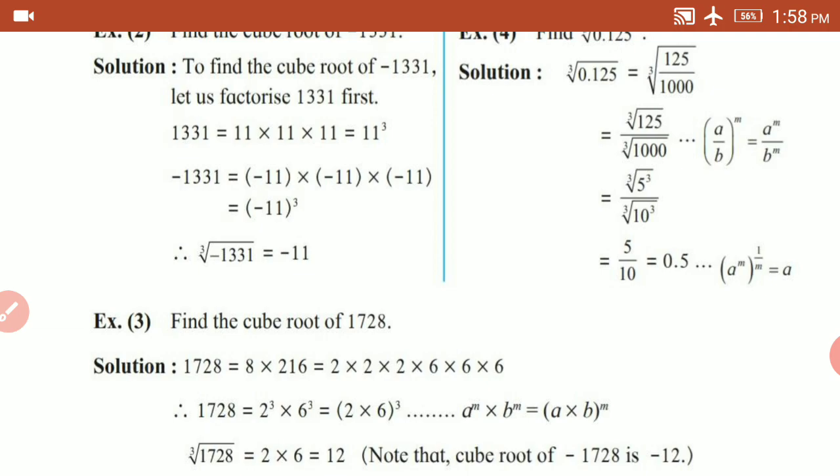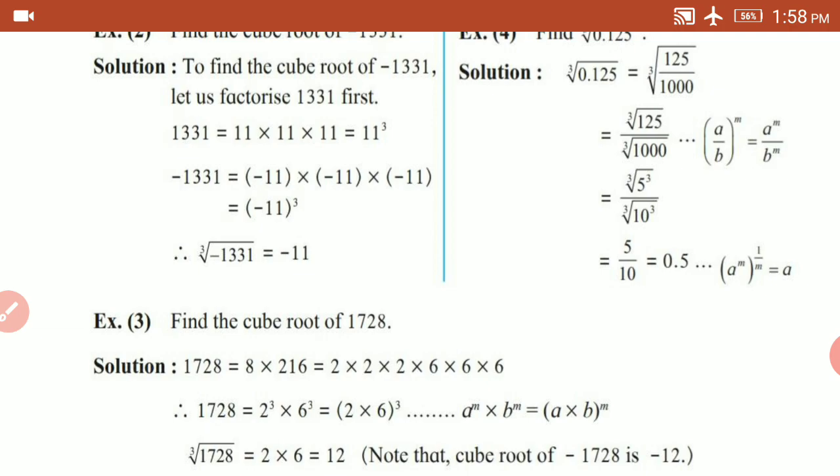Cube root of 125 upon 1000 is equal to cube root of 125 upon cube root of 1000, using the laws of indices.